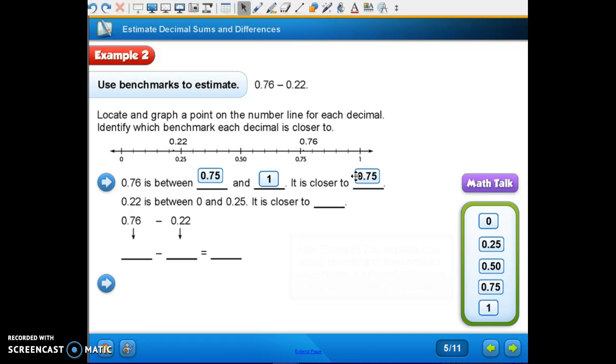It is closer to 25 hundredths. So 76 hundredths is about 75 hundredths. 22 hundredths is about 25 hundredths. So 75 hundredths minus 25 hundredths is 50 hundredths. So 76 hundredths minus 22 hundredths is about 50 hundredths.